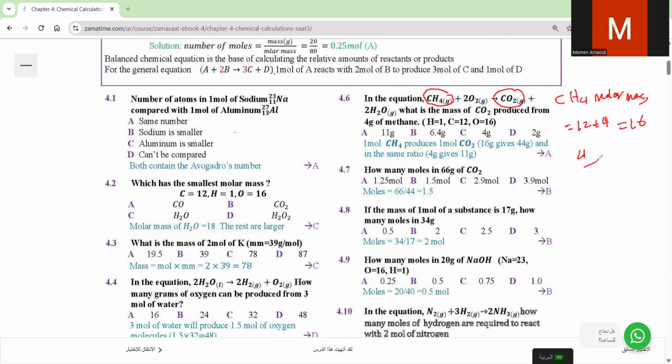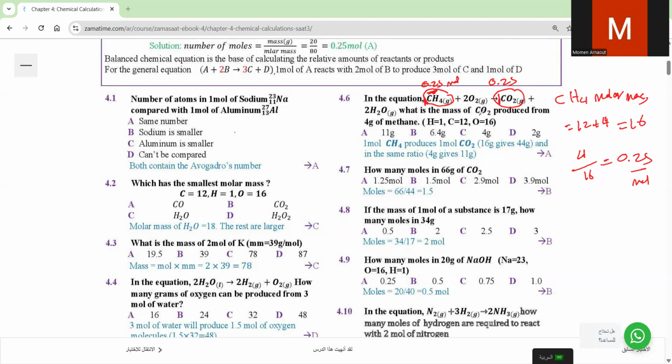So 4 divided by 16, 4 grams, how many moles? 0.25 mole. In the equation, every 1 gives 1. Logically, 0.25 will produce 0.25 CO2.